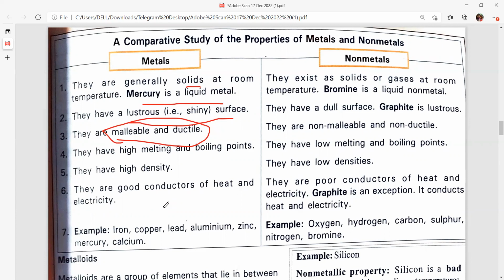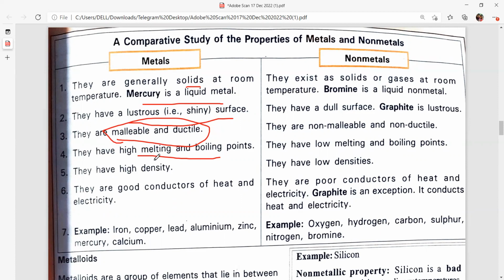So the next point is high melting and boiling point. See, metals have high melting and boiling points. ज़्यादा temperature में वो boil होंगे. Next point is they have a high density.